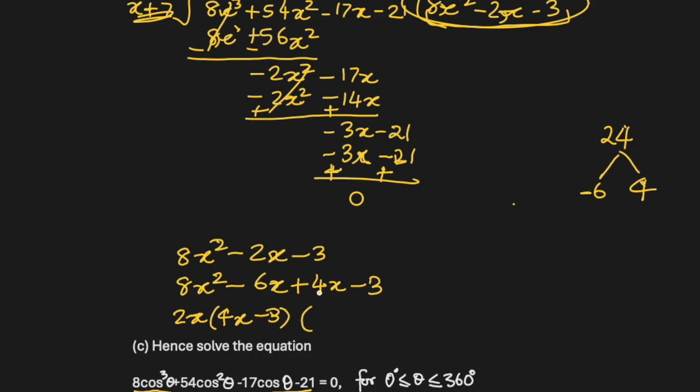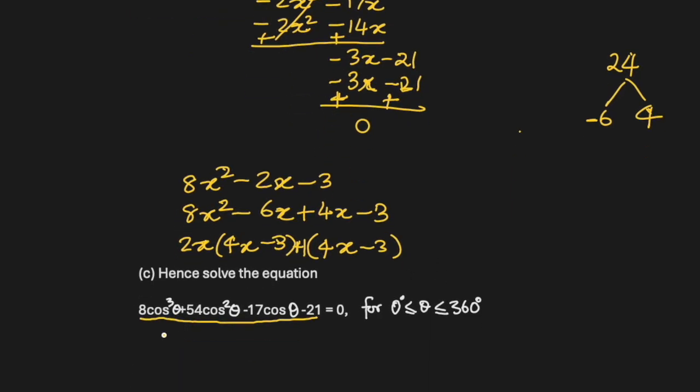There is nothing common in here, so we'll take just plus 1 as common, and it will be 4x minus 3, and that solves our purpose because both are 4x minus 3. We can take 4x minus 3 as common from both. But I'm left with 2x and plus 1.